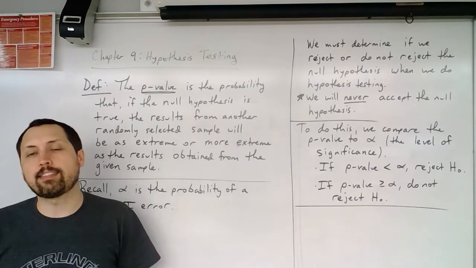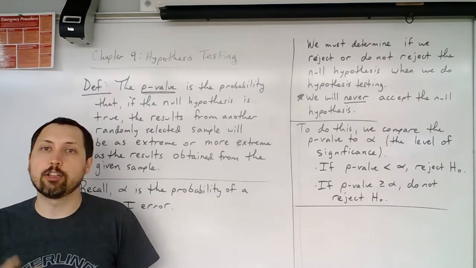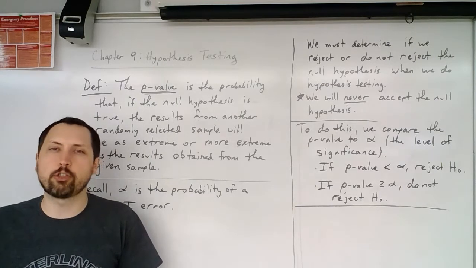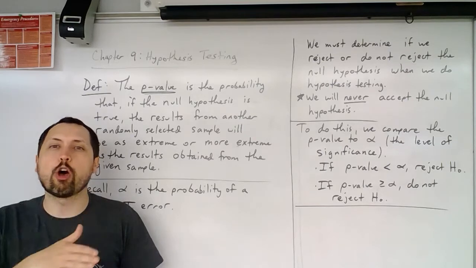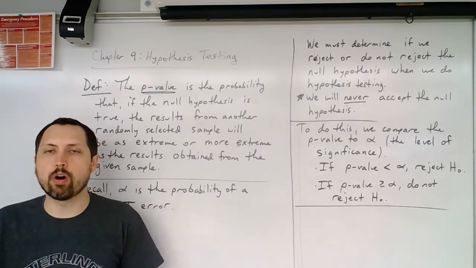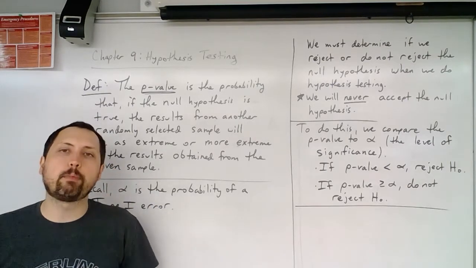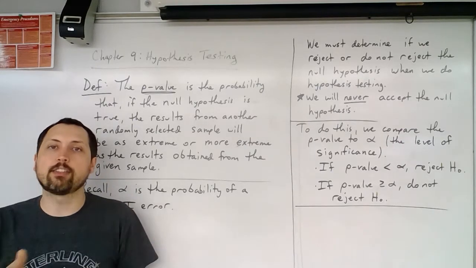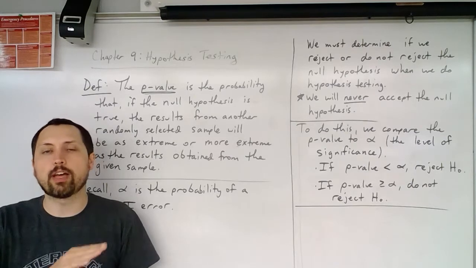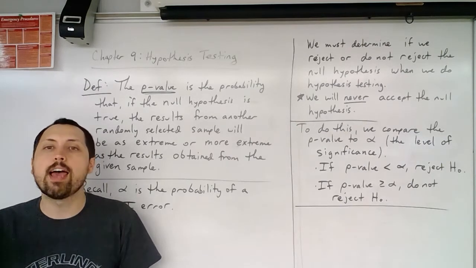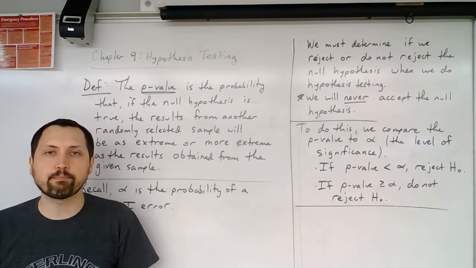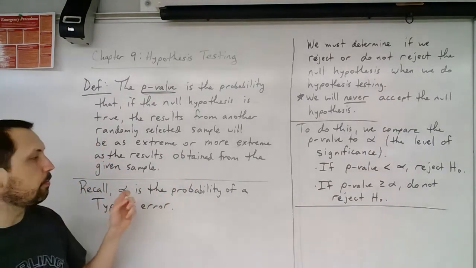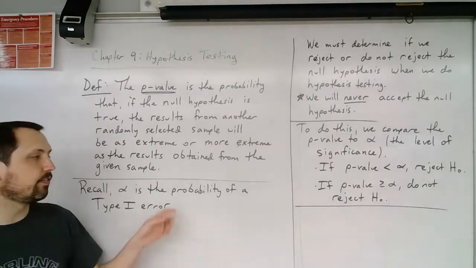If the alternative hypothesis says that it's larger than 80, then to be as extreme or more extreme, that would be something that is larger than or the same as 80.1. So if we were to repeat this experiment again, what is the probability, just due to random chance, that we have a data value that is further away or the same as what our current sample data was? That's a p-value.